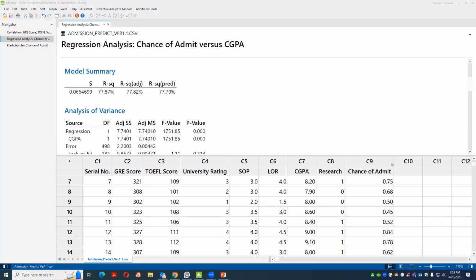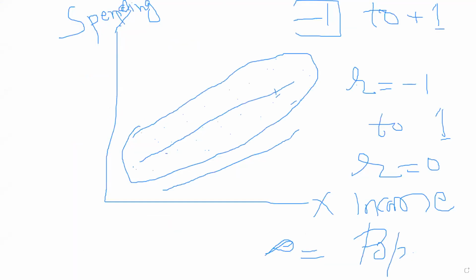Oh, 15 to 17. Just a minute. Give me a minute. Let me see what is question number 15 and 17.